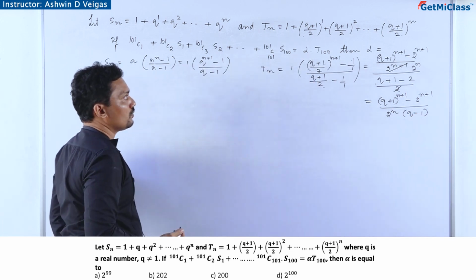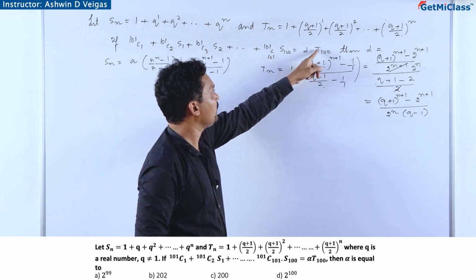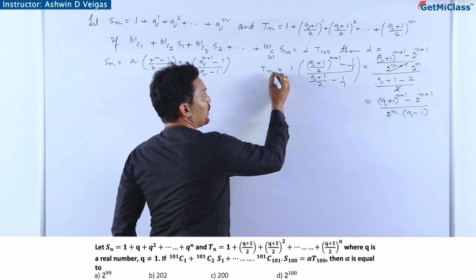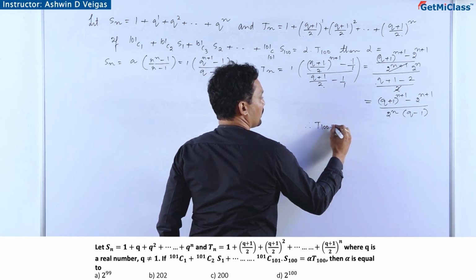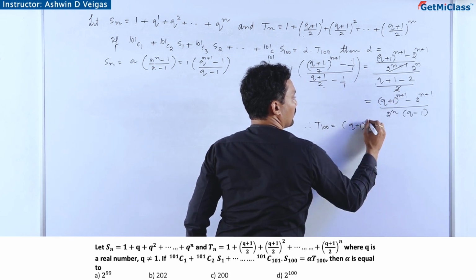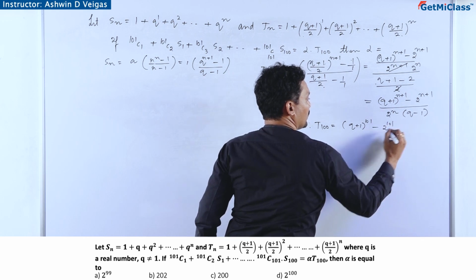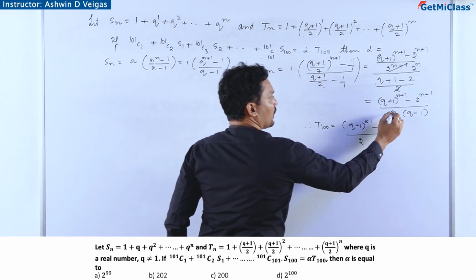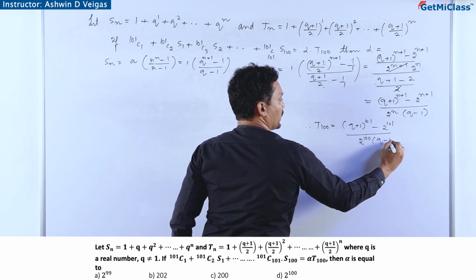Now if you see here in this condition I need T suffix 100. So this is T suffix n. So now I will put n equal to 100. Therefore T suffix 100 will be (q plus 1) power 101 minus 2 power 101 divided by 2 power 100 into q minus 1.